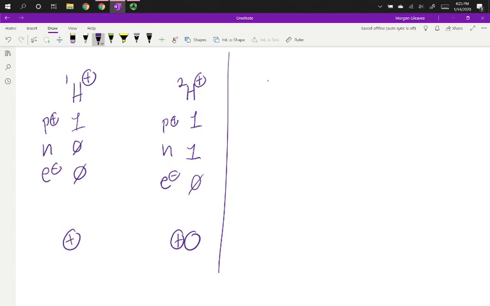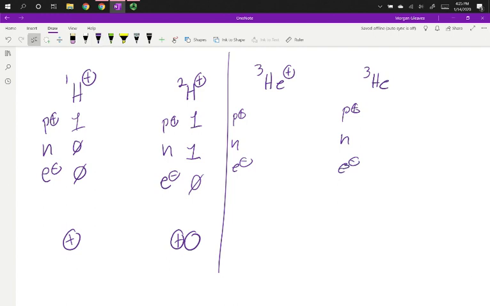If you had an element like, let's say, helium-3, and we're going to give it a plus charge. Just for comparison, let's look at helium-3 when it's neutral. Well, there's protons, neutrons, and electrons.